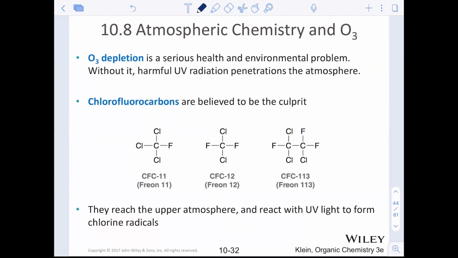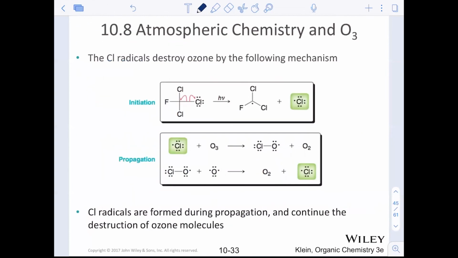These molecules, Freon, even these ones that are shown, are very light molecules, and so they will reach the upper atmosphere and react with the UV light to form chlorine radicals, just like what we were talking about. There is an initiation step once it reaches the upper atmosphere where there's enough UV light, and it will make a chlorine radical. Now, why is that bad?